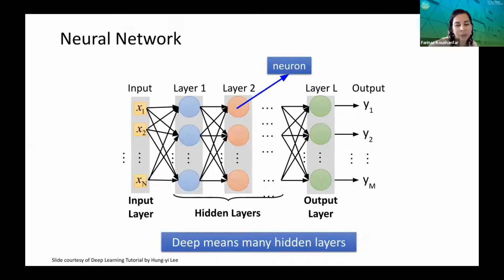So deep really means there are many hidden layers, which can somehow combine these weights and activations in a way that they can learn the correlations that exist in the data, which linear models or generalized linear models were not able to learn earlier.